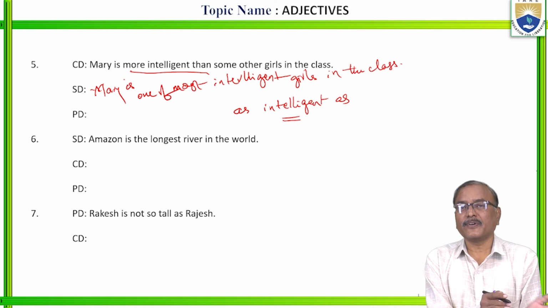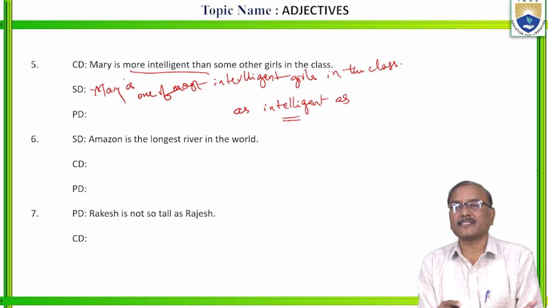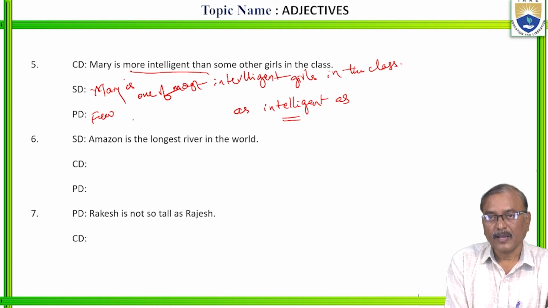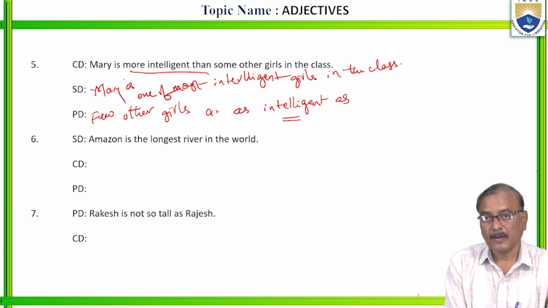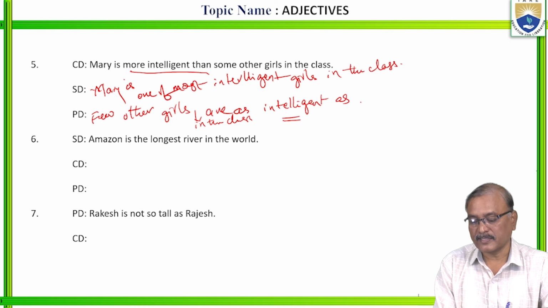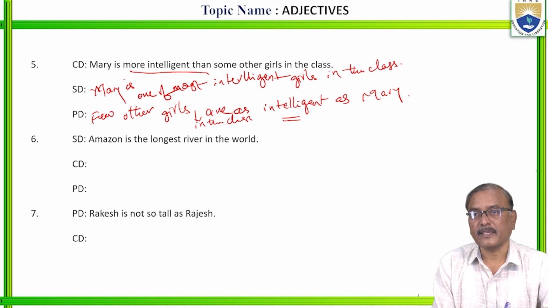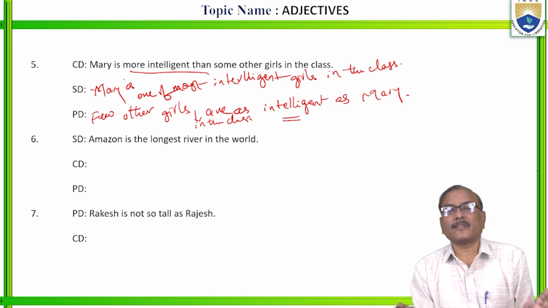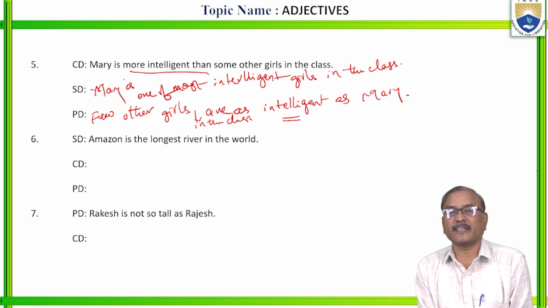So, few other girls are as intelligent as Mary. So, some are there here. Few other girls in the class are as intelligent as Mary. Is it clear now? Simply follow the rule here. Don't get confused here.